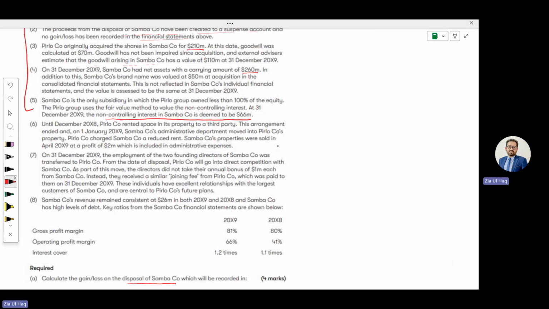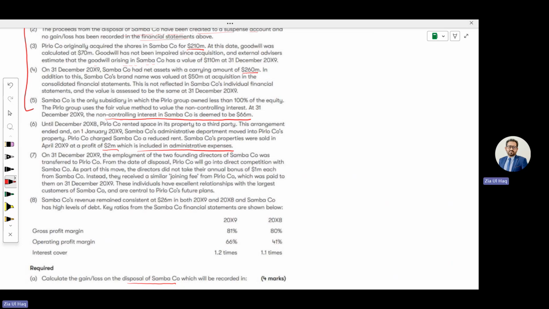And Samba company's properties were sold in April 2009 at a profit of 2 million, which is included in administrative expenses. For the current year 2009, Samba company was using Pirlo company property on a nominal rent. Obviously, now they are selling Samba company, so that property will be vacant.